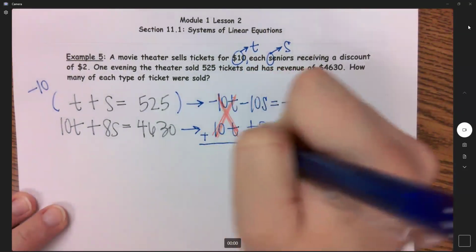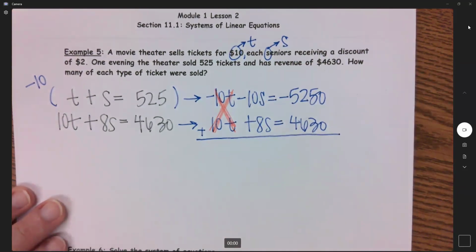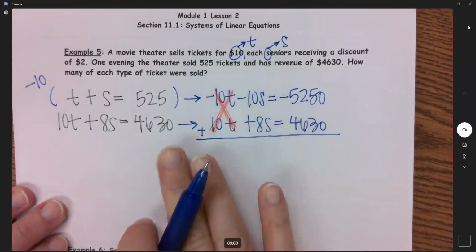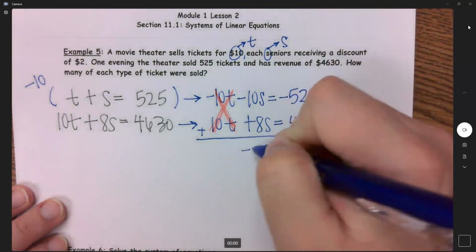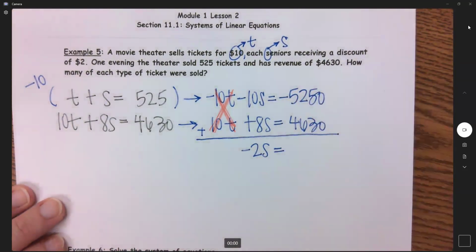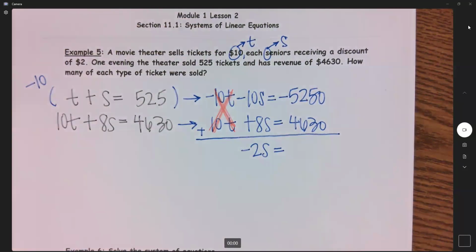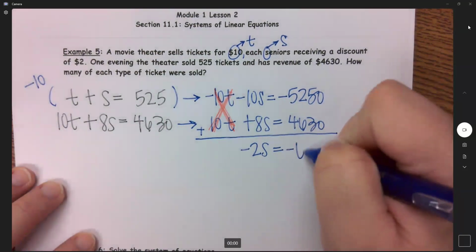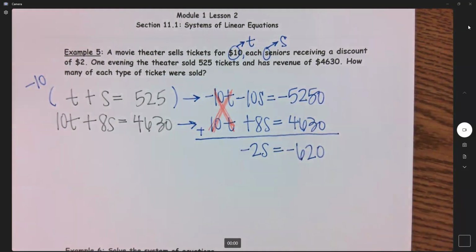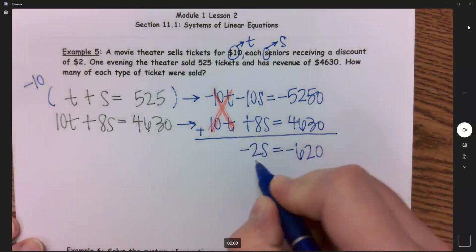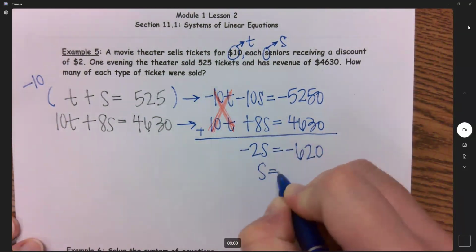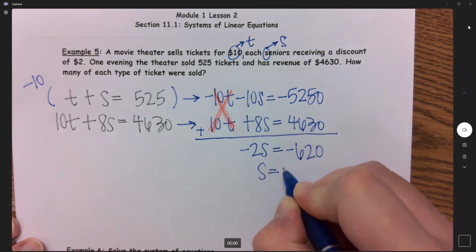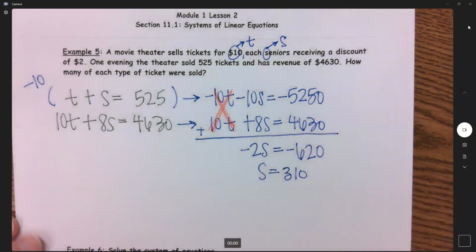Elimination is also called addition, so add what is left. -10 plus 8 is -2S. -5250 plus 4630 gives me -620. Now divide by -2, and we get S equals 310.